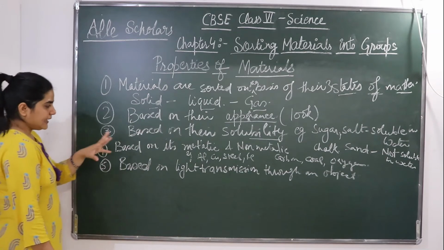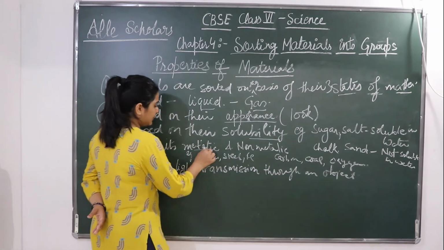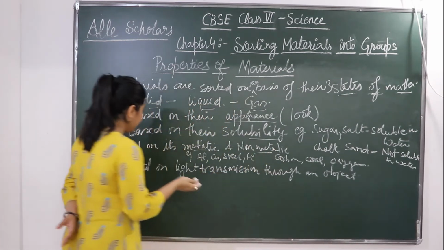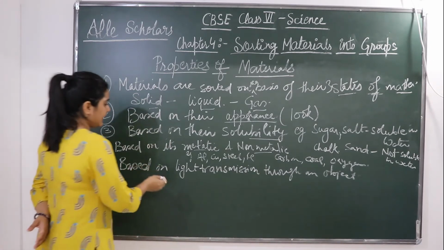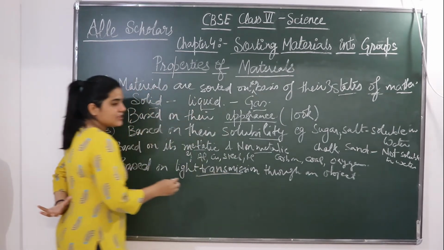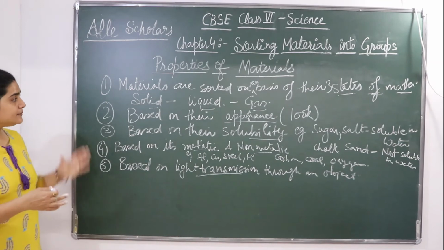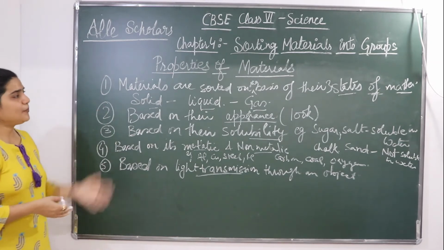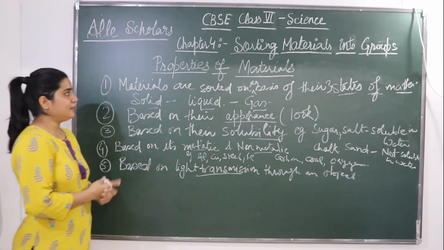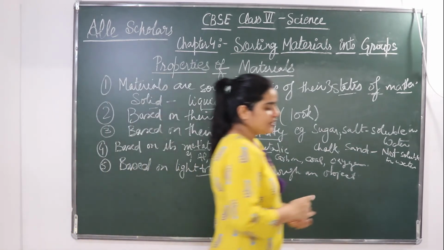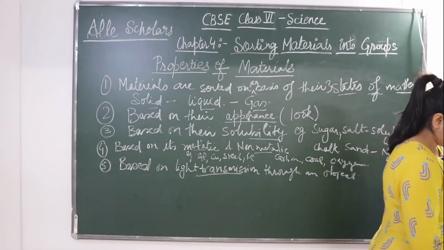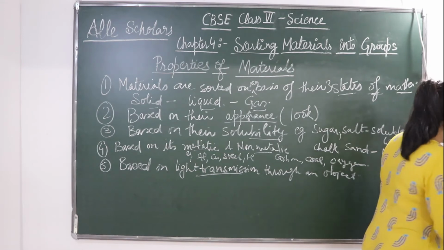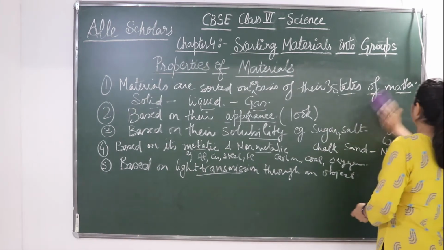So based on the metallic and non-metallic character, whether it is a metal or non-metal, and based on the light transmission through an object. Okay, so these are the properties of material. Now we shall see that in broad we can divide matter in how many categories.